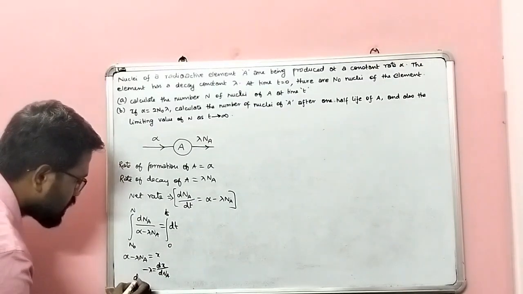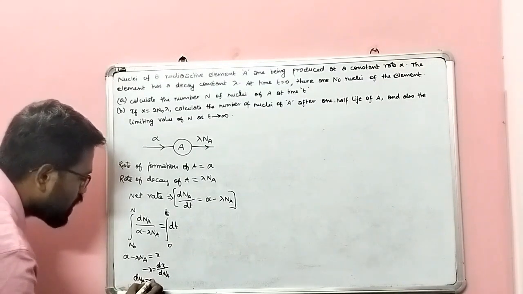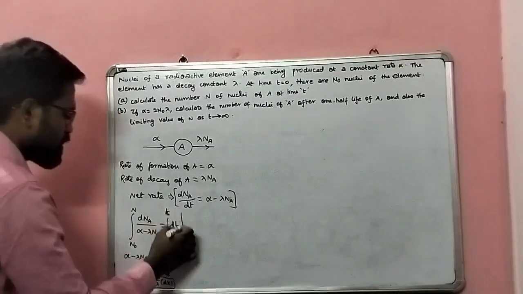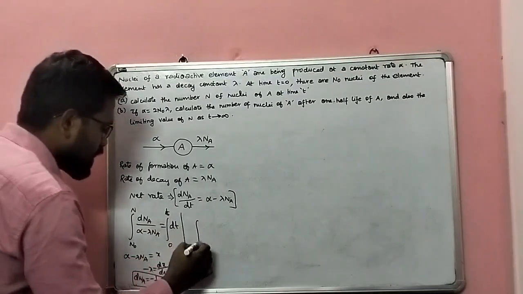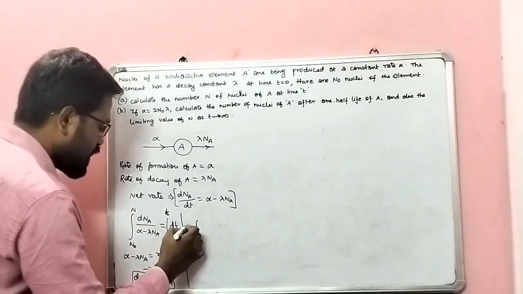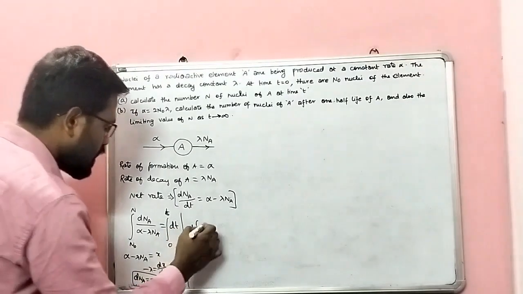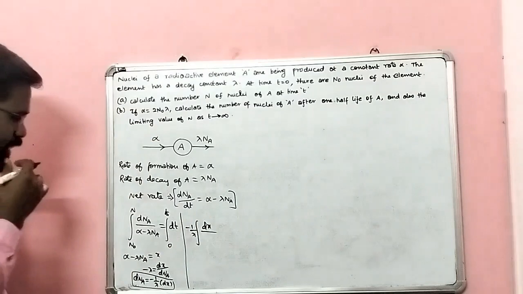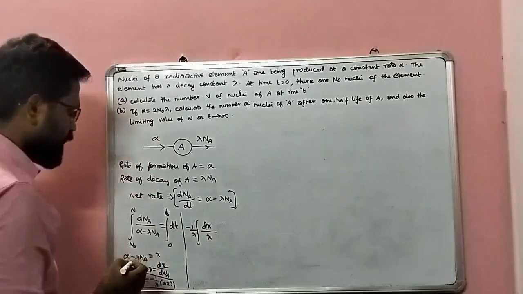Then we can write dNA is equal to minus 1 by lambda into dx. So the integration can be written as minus 1 by lambda times dx by x.